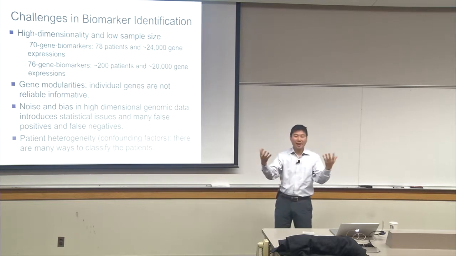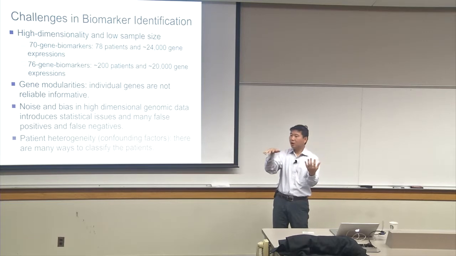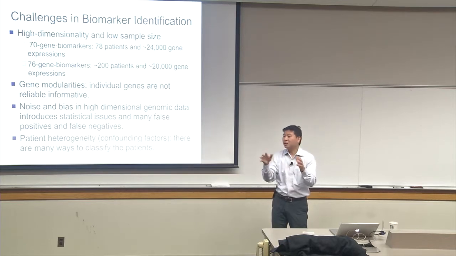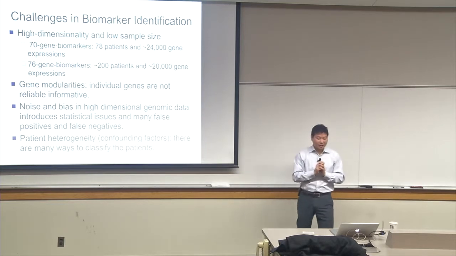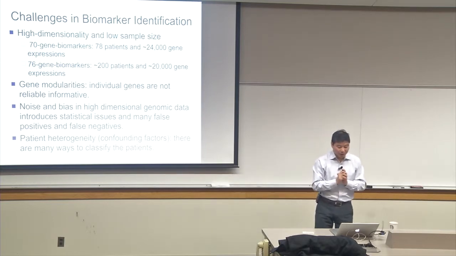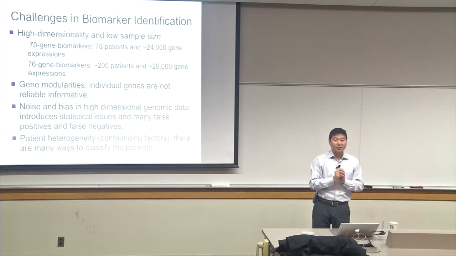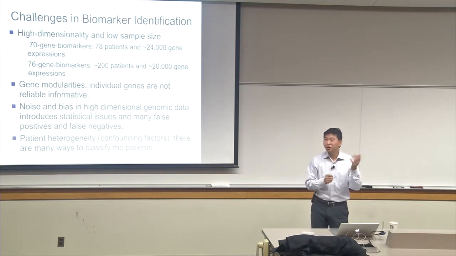You might have a pathway maintaining some biological function, and if you look at one gene, it might be normal. But if you look at the whole module, it's not functioning. Without looking at all the genes, you don't know that the whole module is not working. And a lot of these factors put together make the statistical analysis very, very challenging.